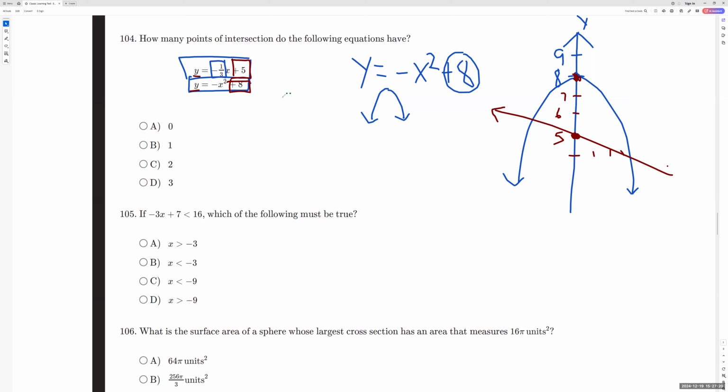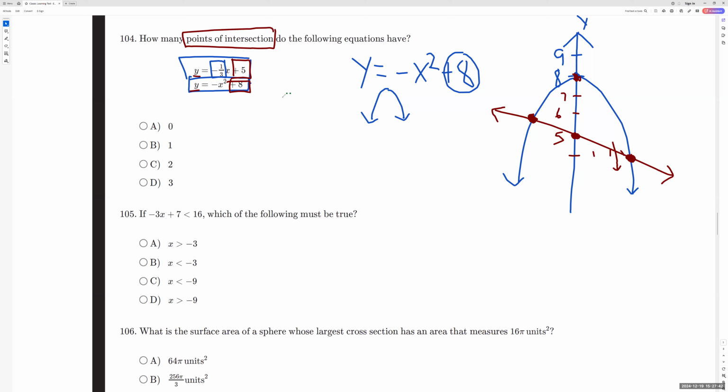I don't have the slope exactly how it is. Maybe this line goes over here, the parabola, maybe it goes over there. It doesn't matter because I can see that the straight line is crossing the parabola in 2 points. And those are the points of intersection. Where do they cross?